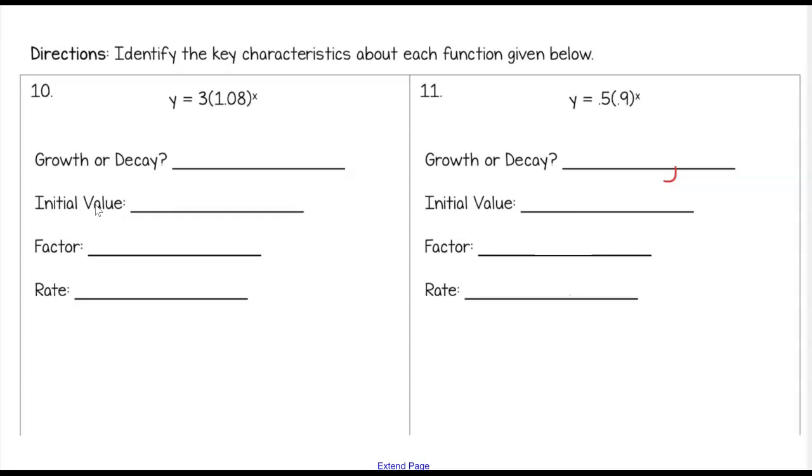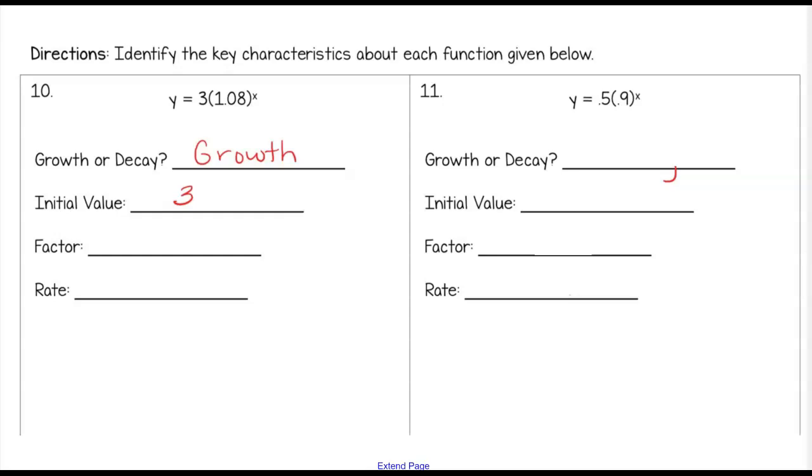So let's take a look at number 10. Because this is greater than 1, this is growth. 1.08 is the second number, so that lets us know it's growth. But the initial value is the other number, the first number. So that's going to be 3.